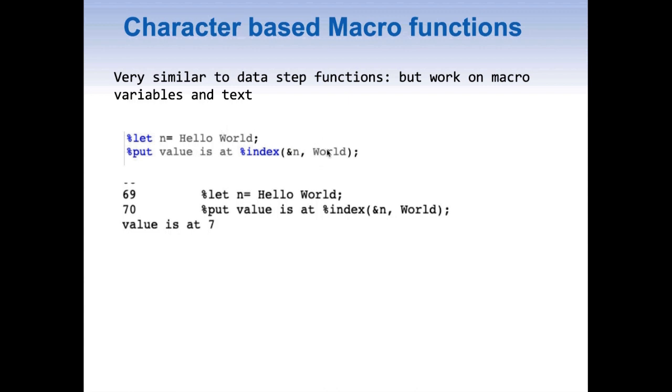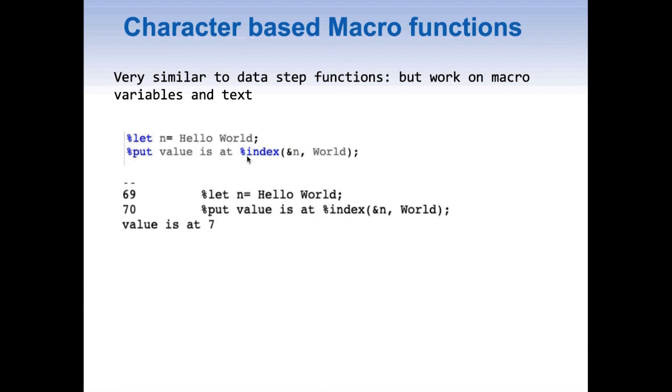If we try to put quotes in here, it will try to search for the word along with the quotes and it will never find it. So an important thing to remember here is we are trying to check for a text in here. And I think instead of calling them character based macro functions, I should have probably used the word text based macro function.